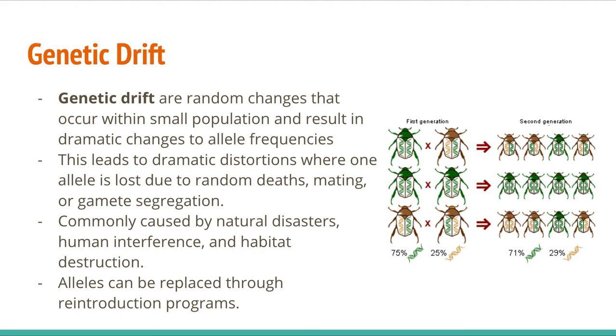Genetic drift is a specific type of genetic change to a population that's just driven by random chance. And small populations are the ones that are most susceptible to this. If you have a population of 20 individuals, if you lose one individual, that removes 5% of the alleles from the population.